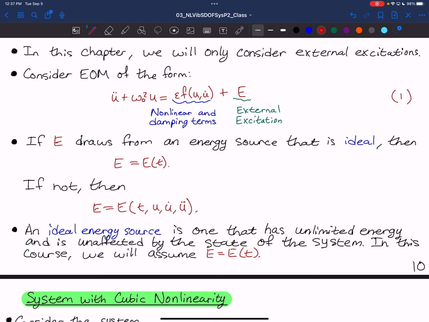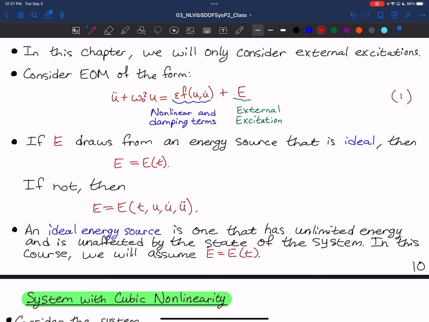Real systems are never ideal, of course, and that means your excitation source in a real experiment is of the form of the second equation that I've given.